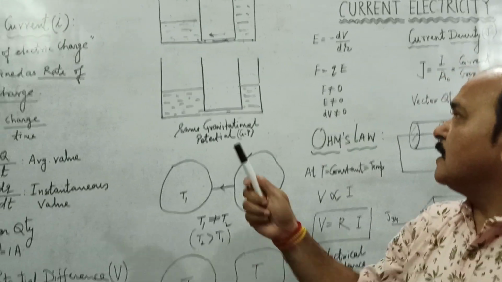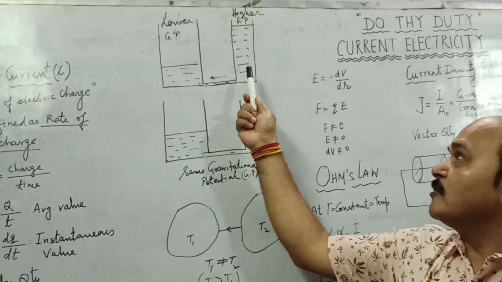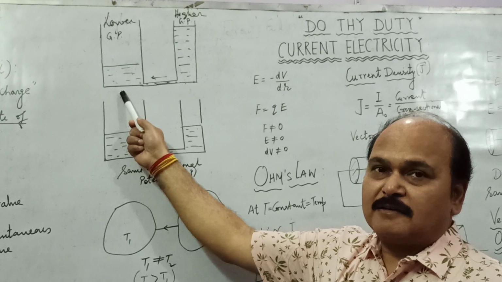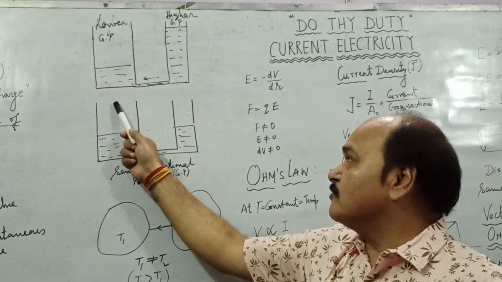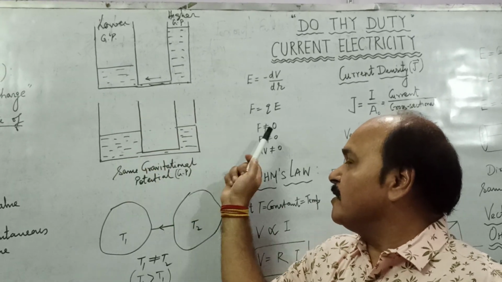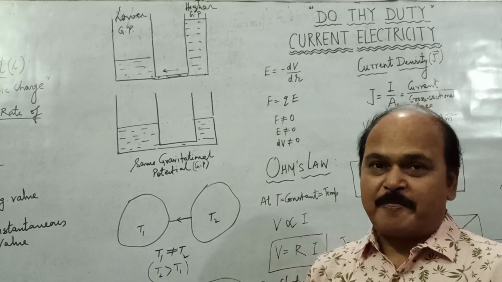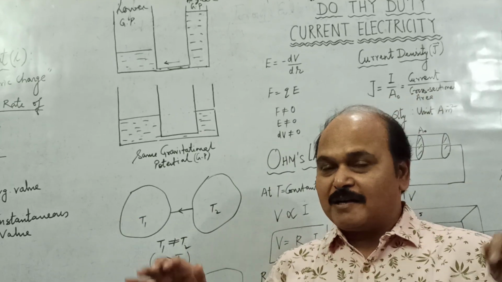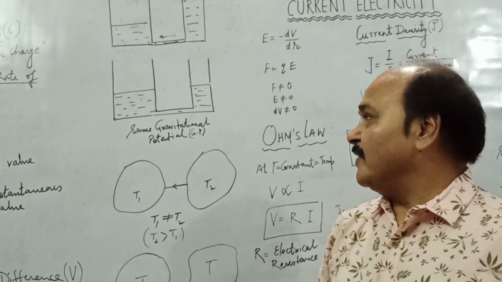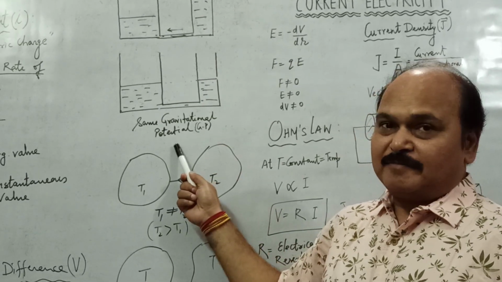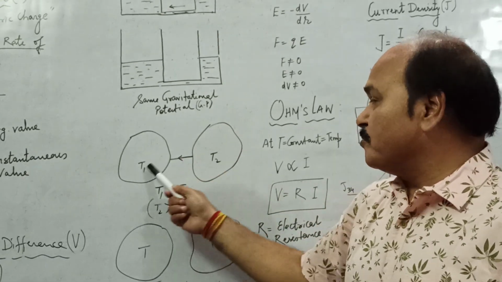Now, as the two are connected, what happens? The water flows from this side to this side, and the flow continues until the level of liquid in both the containers is the same. And when the level of liquid in both containers is the same, gravitational potential is the same.